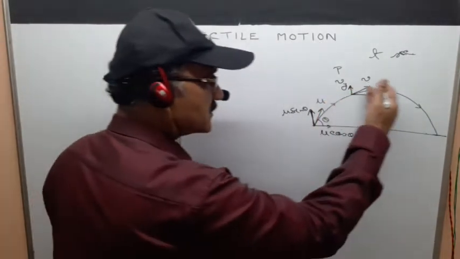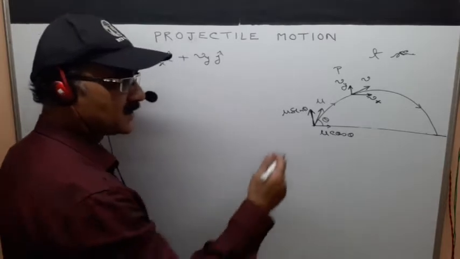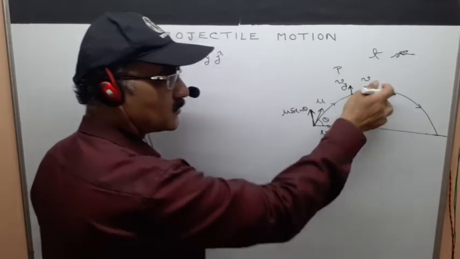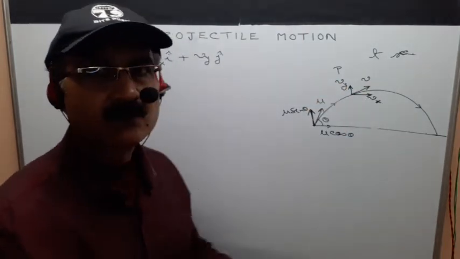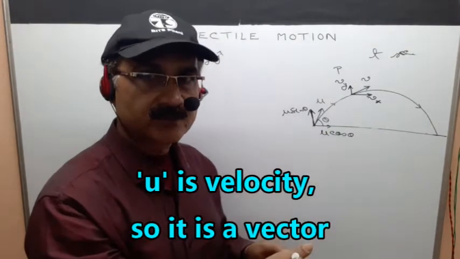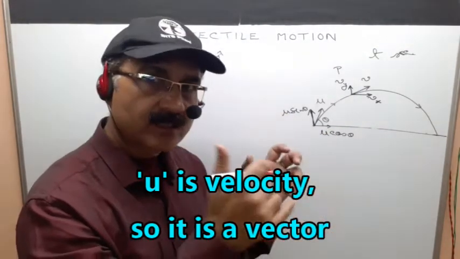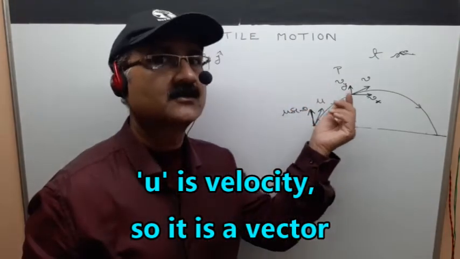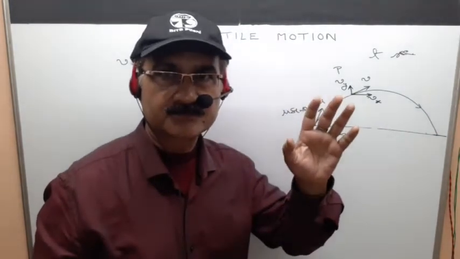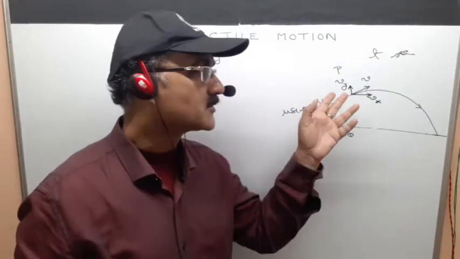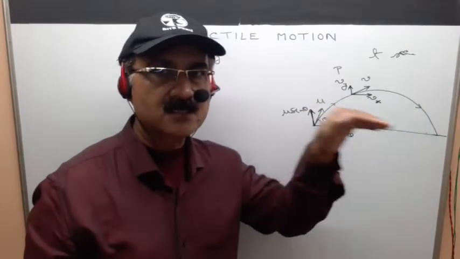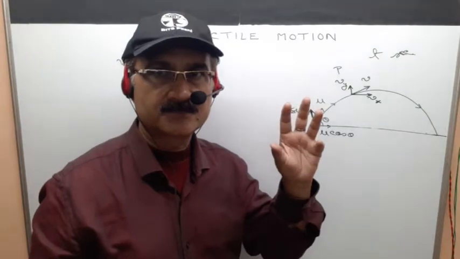Now look at this part. When the object is here or here or here, what is the force on the object? Only the force of gravitation, which is vertically downward. Is there any force on the projectile in the horizontal direction? No. Since there is no force on the projectile in the horizontal direction, its acceleration along the horizontal direction will be 0.